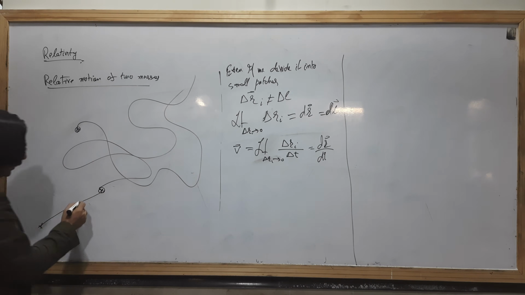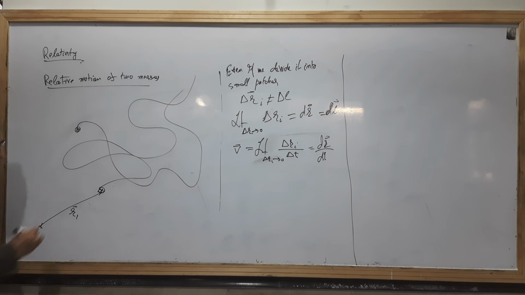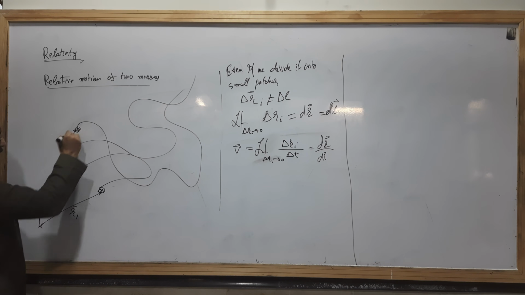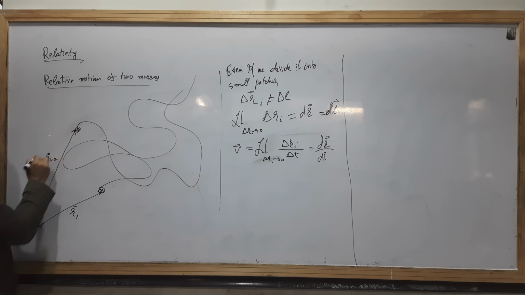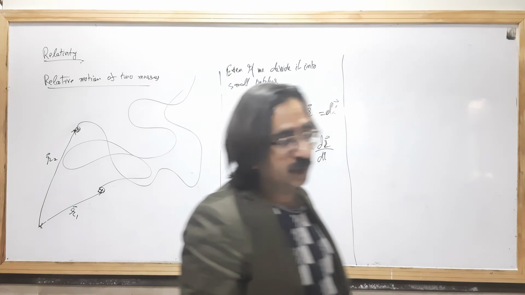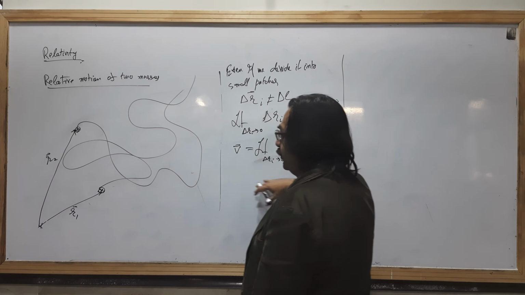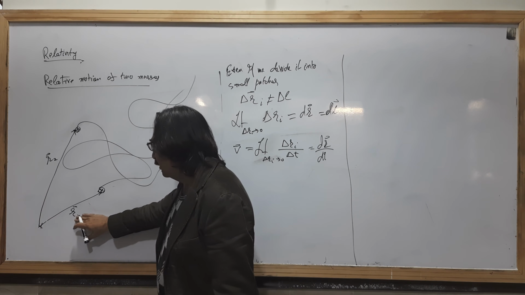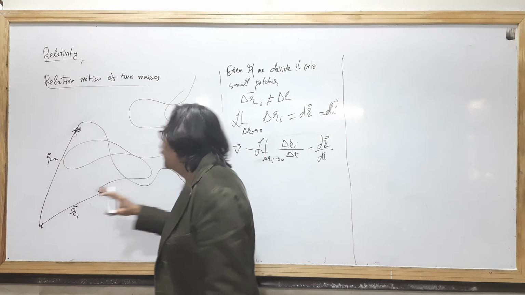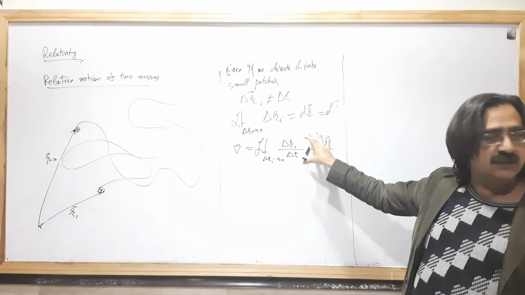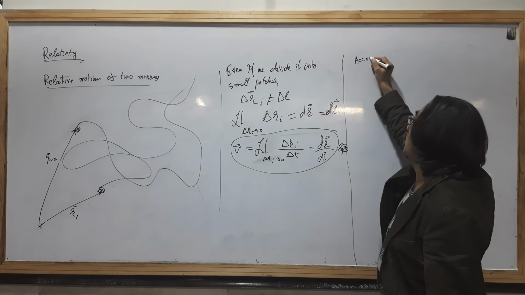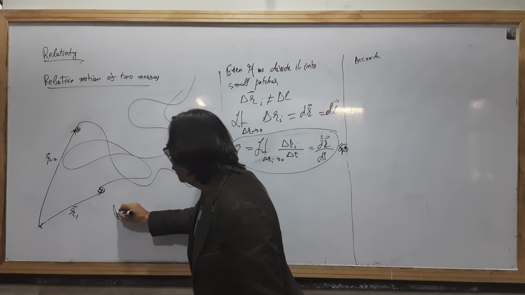As I have already explained, this will be R1, the position vector of the first mass, and this is the position vector of the second mass, R2. If I consider that this is the motion of mass 1 and this is the motion of mass 2, then by using this formula, I say this is equation A, and this is figure 2.